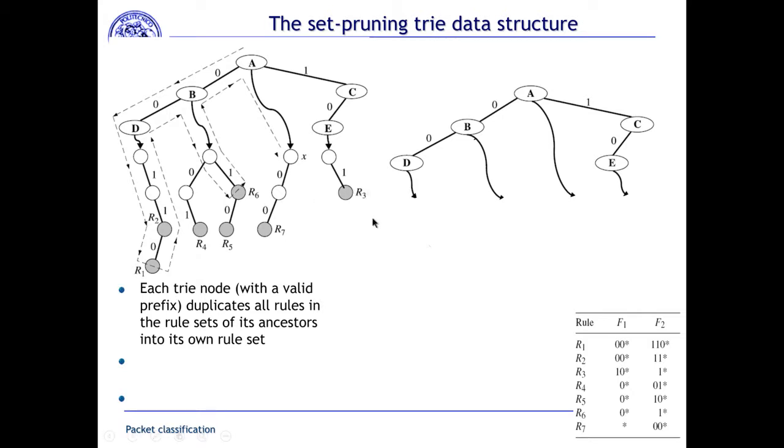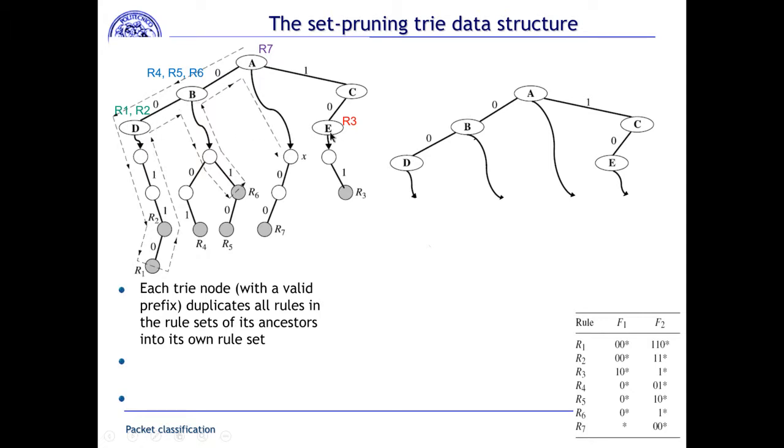In order to perform set pruning, the basic principle is that each trie node with a valid prefix in the first, top-level tree duplicates all the rules that are in the rule set of its ancestors into its own rule set. If you remember, we had rules in nodes A, B, D, and E.